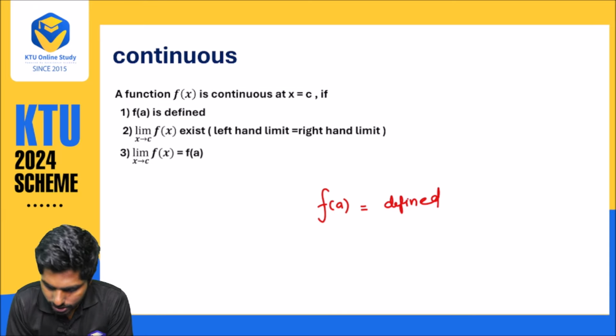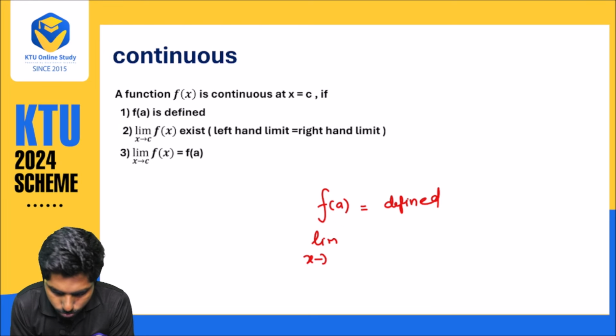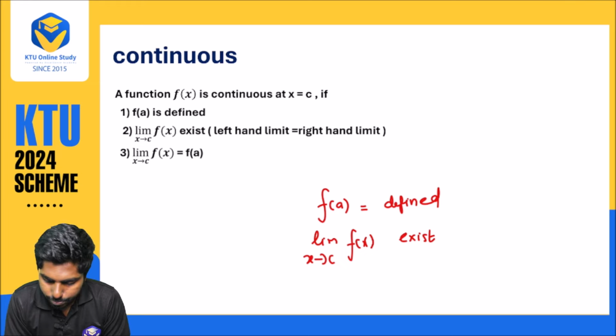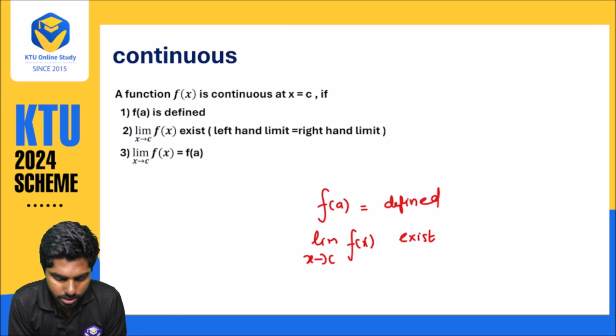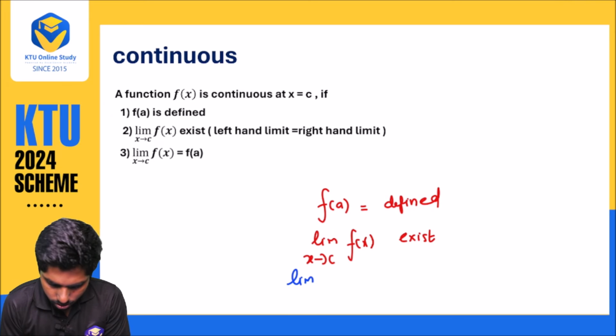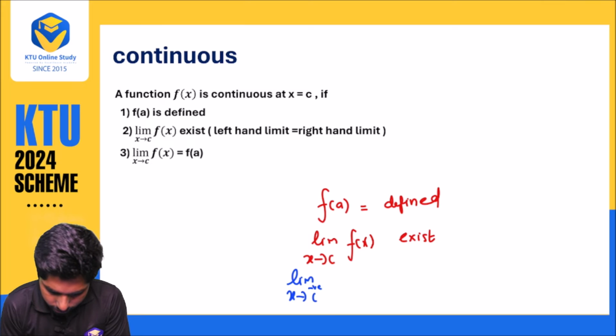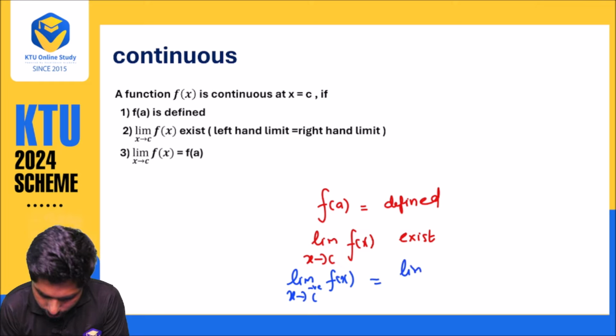The second condition is that the limit as x approaches c of f of x exists. Exists means your left hand side and right hand side should both be equal. That means the limit as x approaches from the negative direction of f of x, the left hand limit, is equal to the limit as x approaches from the positive direction of f of x.